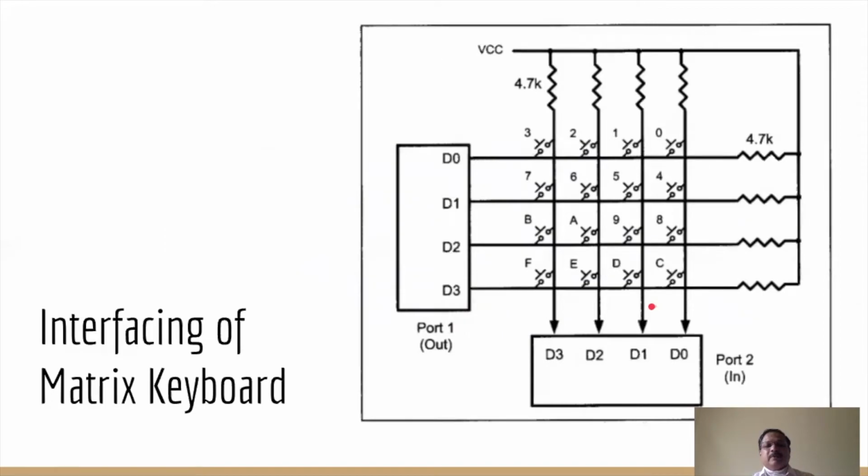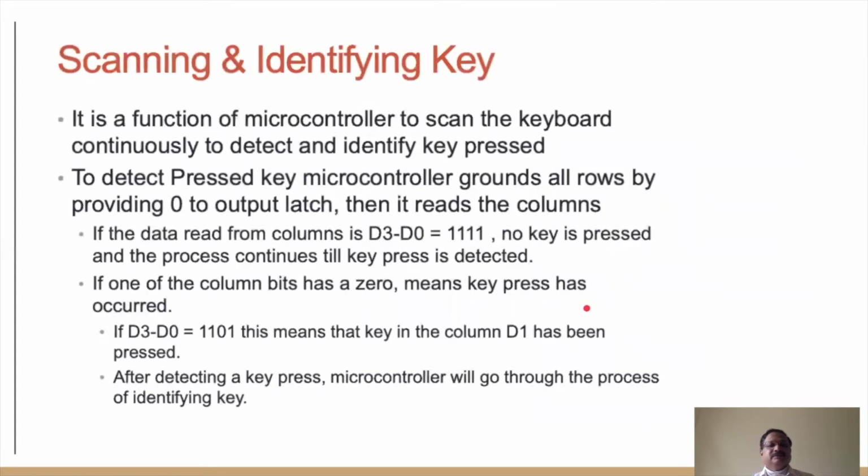So this is the 4x4 matrix keyboard. Now let us see how the key scanning and identification is done by the microcontroller through the program. For that, let us go through the next slide.